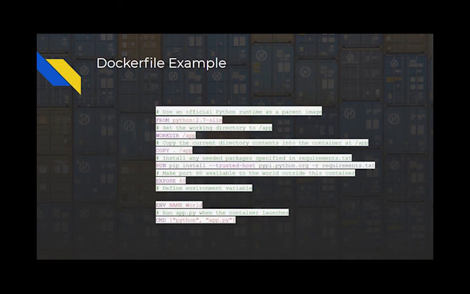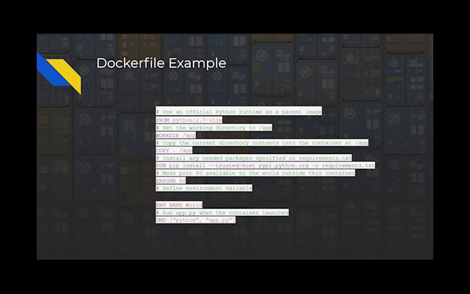Next, we have a brief example to take a look at. It includes most of what we just talked about. We start with your FROM, so we use a Python runtime as the parent image. Next is WORKDIR, which we didn't talk about, but this is a pretty common command in the command line environment.